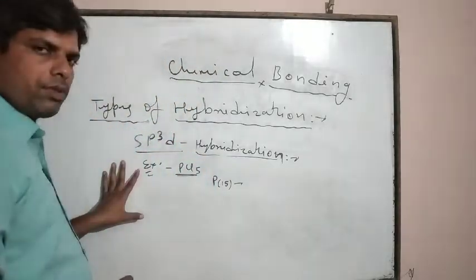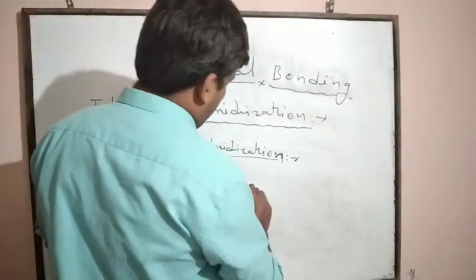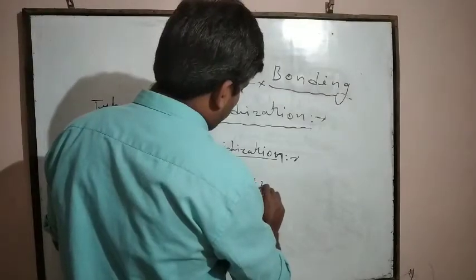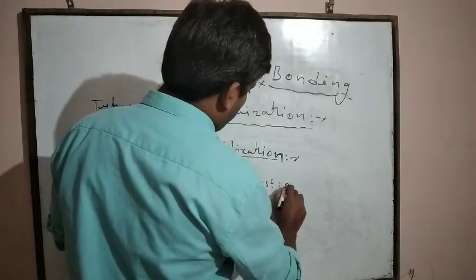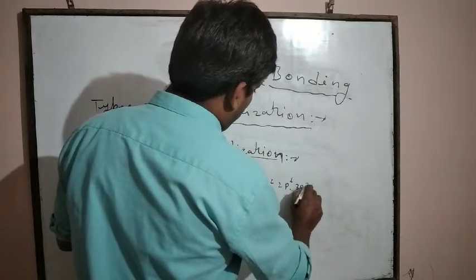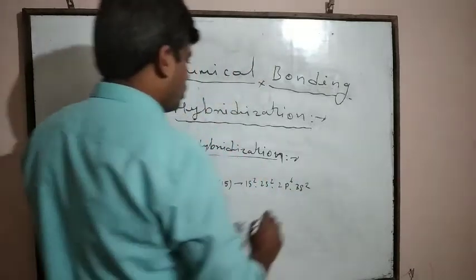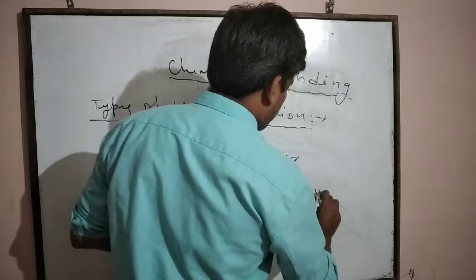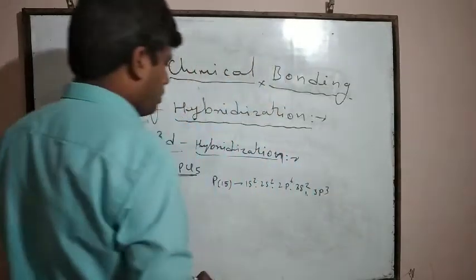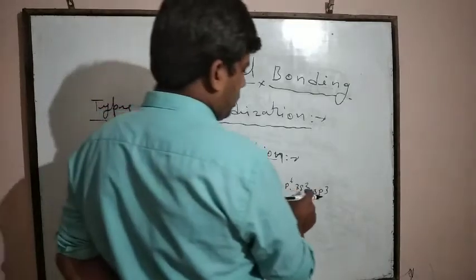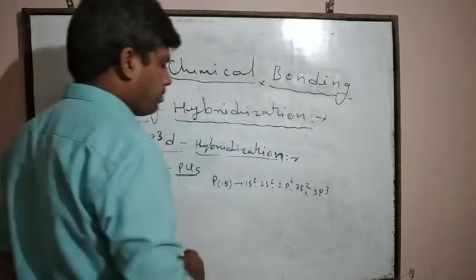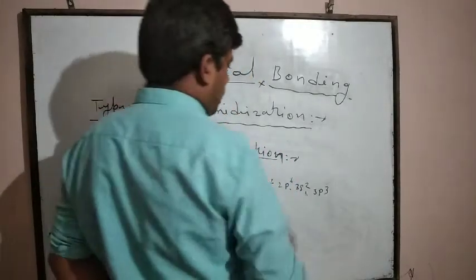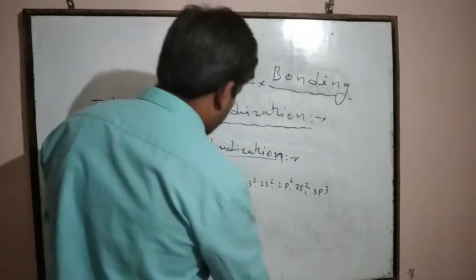The electronic configuration is 1s2, 2s2, 2p6, 3s2, 3p3. This is the electronic configuration of phosphorus.